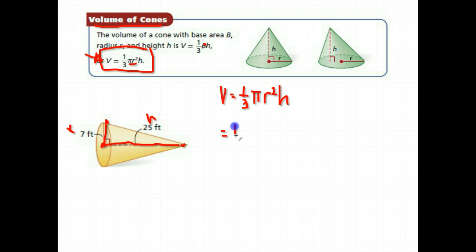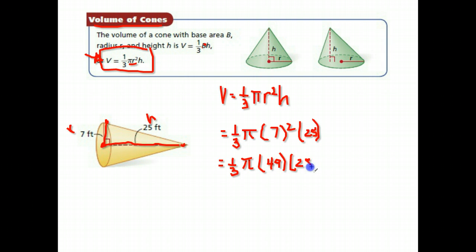So really all we have to do here, no extra work, we just have to plug the values in and make sure we calculate correctly. So again, our radius was 7, so we have 1/3 pi times 7 squared times our height, which was 25. That gives me 1/3 times pi times 49 times 25. The way I would suggest calculating this is to multiply these numbers together.